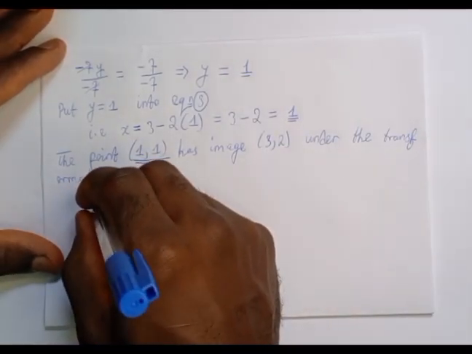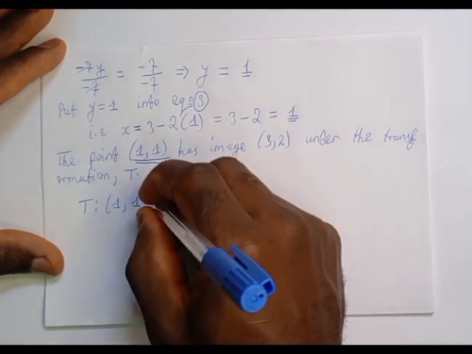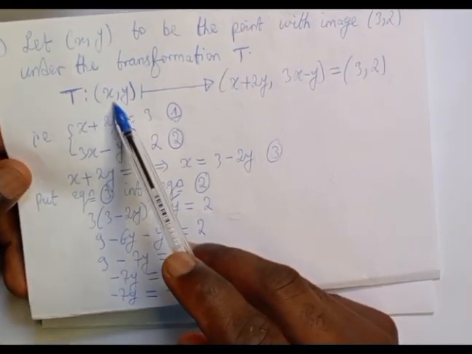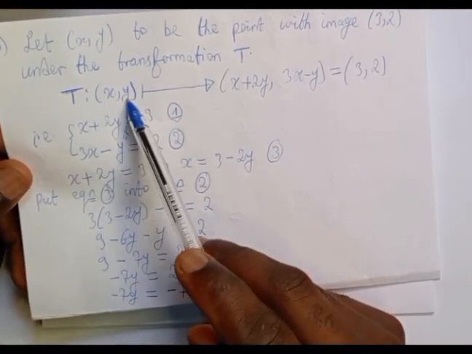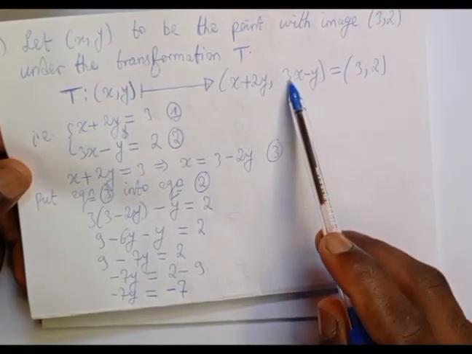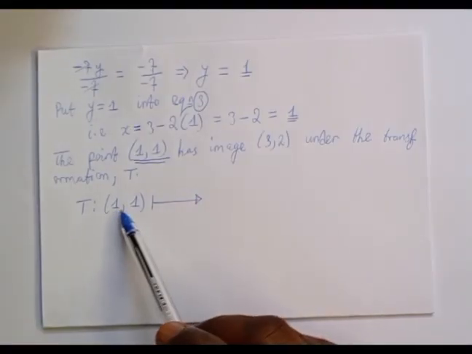The transformation of the point (1, 1) maps onto, using the transformation T, which assigns (x, y) to (x + 2y, 3x − y). We replace x with 1 and y with 1.